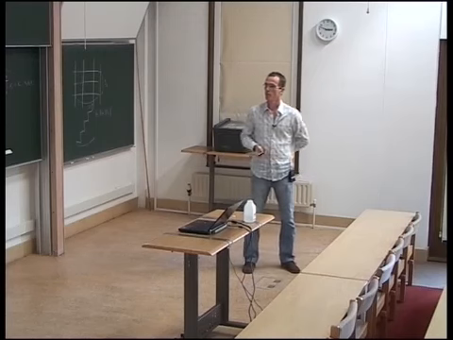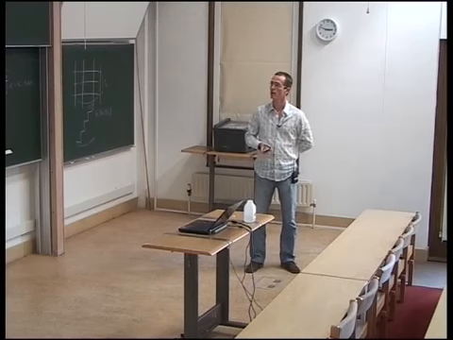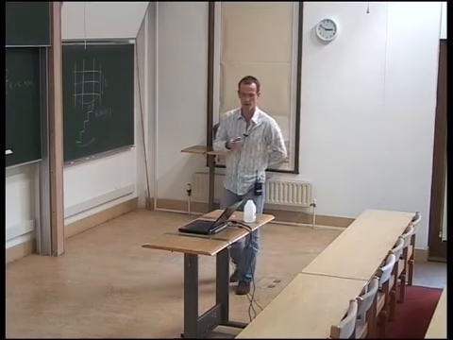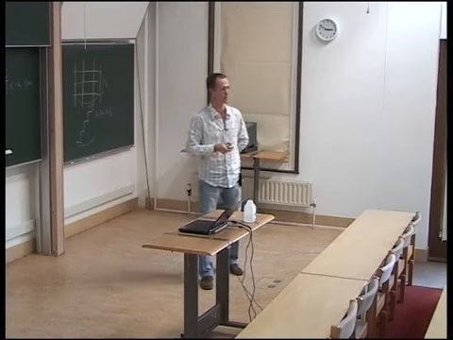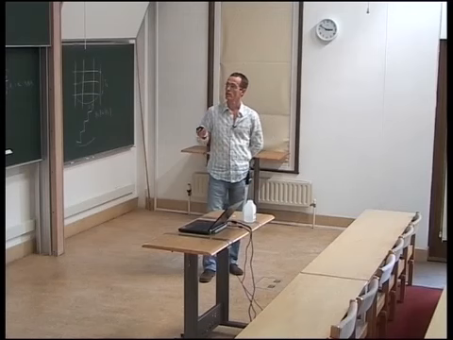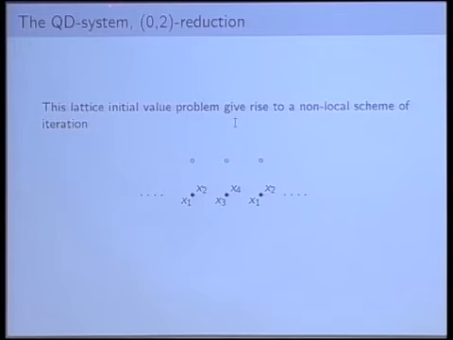But, yeah. And then there's a last thing. So we saw that you can get either mappings or correspondences by taking different periodicities. So I took the QD system, I took a very simple reduction which leads to a correspondence.